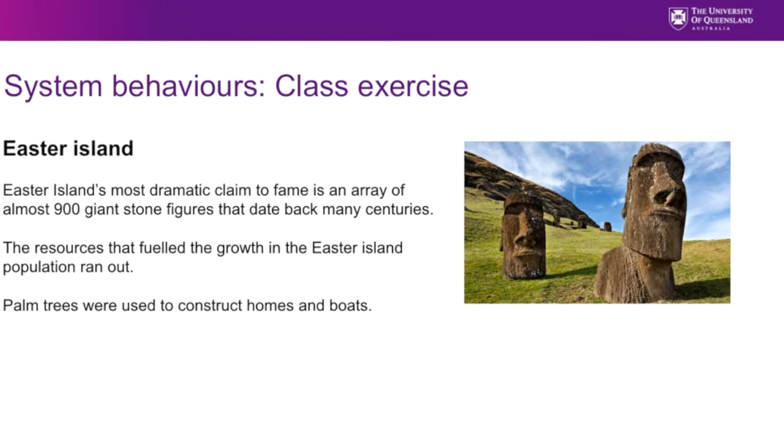It is also believed that the resources that fueled the growth in the Easter Island population ran out. So, describing the system briefly in this way, this may be a typical case of an overshoot and collapse system, right? The behavior of an overshoot and collapse.